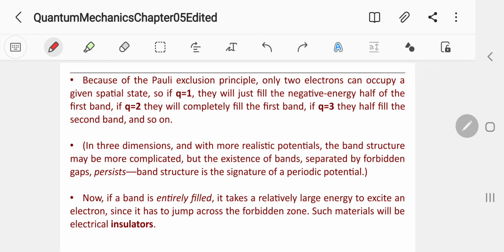Because of the Pauli exclusion principle, only 2 electrons can occupy a given spatial state. So if q is equal to 1, they will just fill the negative energy half of the first band, and when q is equal to 2, they will completely fill the first band, and for q equals 3, they will fill half of the second band, and so on.